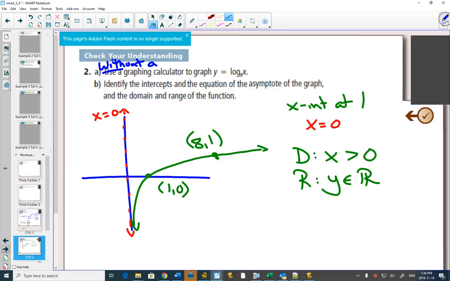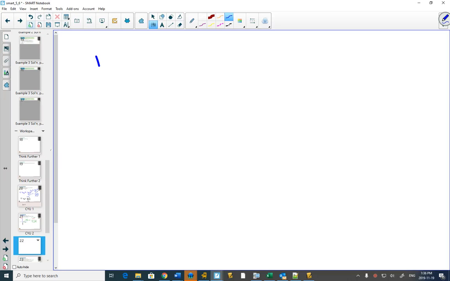And then, if you want to turn to page 400, we're going to do a couple of other examples. Then what happens is that you're going to be asked to take everything you learned in your transformations unit and apply it to your logs unit.